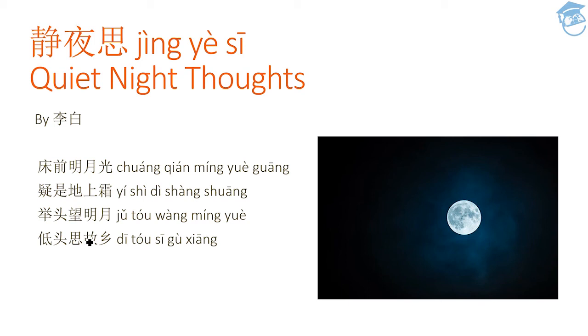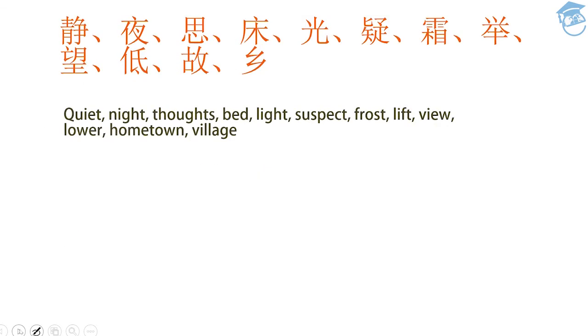Alright, so now you understand more of the structure and grammar of Tang poetry and how the ancient Chinese language works. So now you really appreciate how poetry works in the Chinese language.